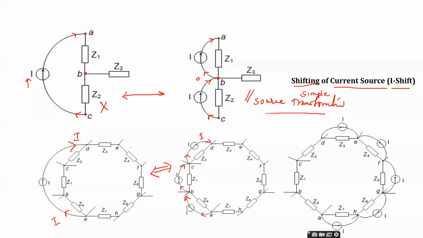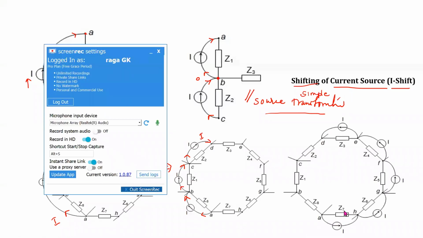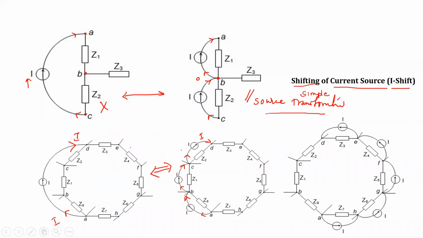Then one more possibility. You can see here, it is one more possibility. Instead of 3 sources, 5 sources are used. Still, all the 3 circuits are equivalent here. They are one and the same.